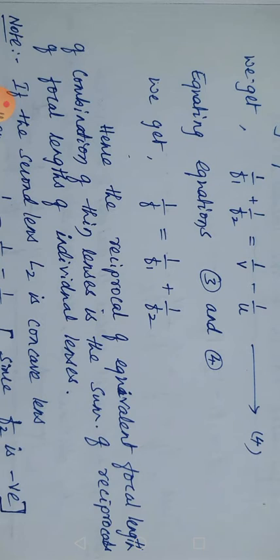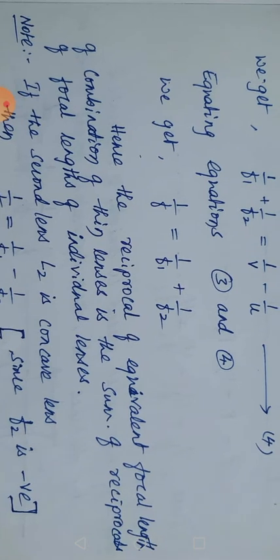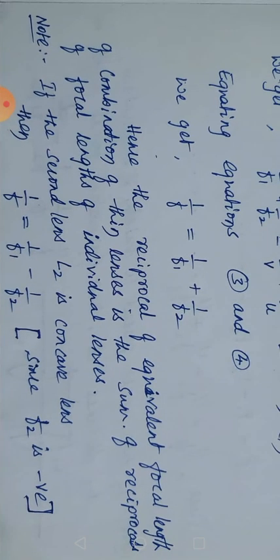As in the case of current electricity, when resistances are connected in parallel, the equivalent resistance is written as 1 by R equivalent equals 1 by R1 plus 1 by R2. Likewise, here the reciprocal of the equivalent focal length is the sum total of reciprocals of the focal lengths of individual lenses.